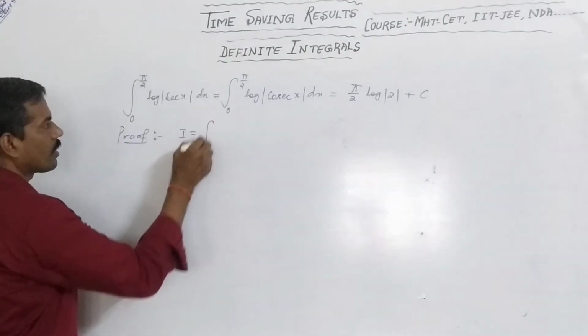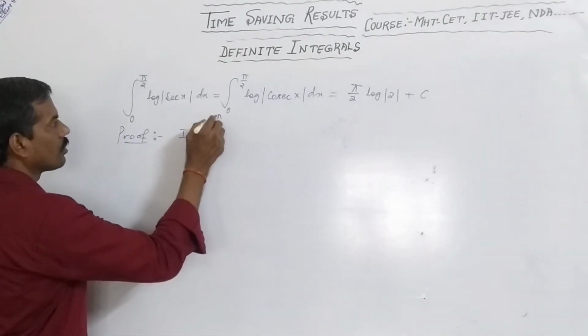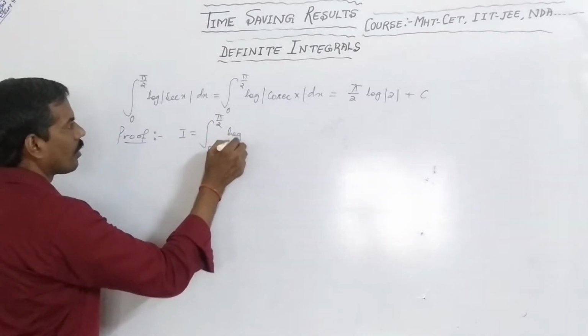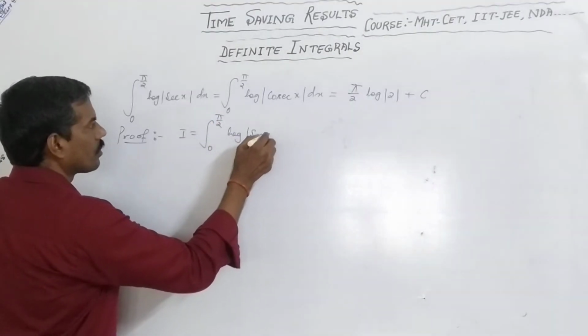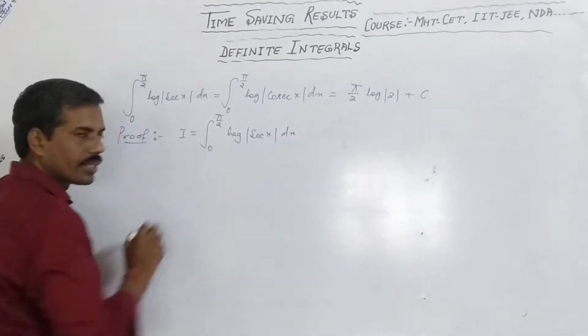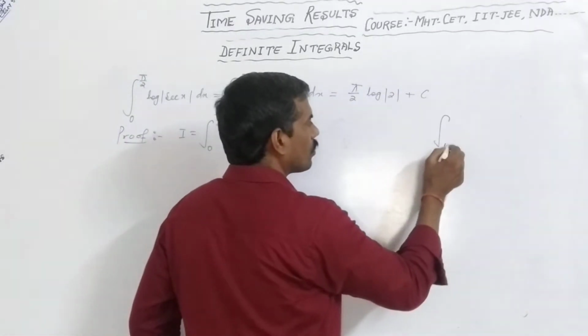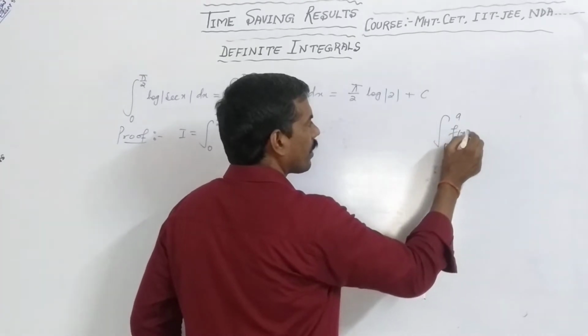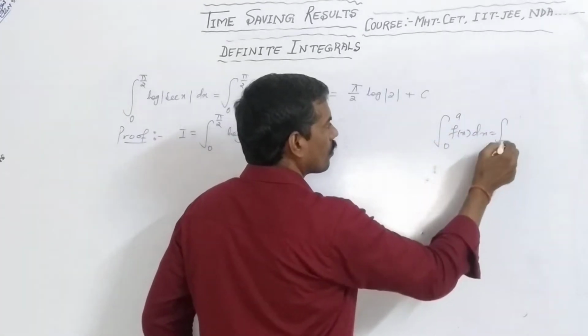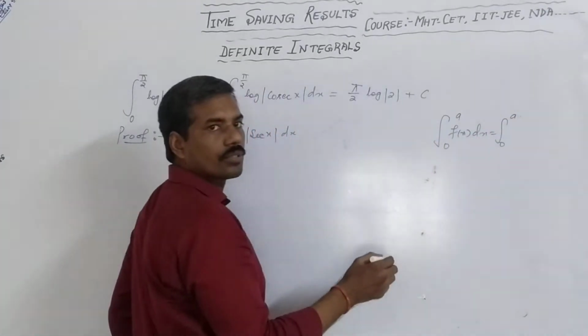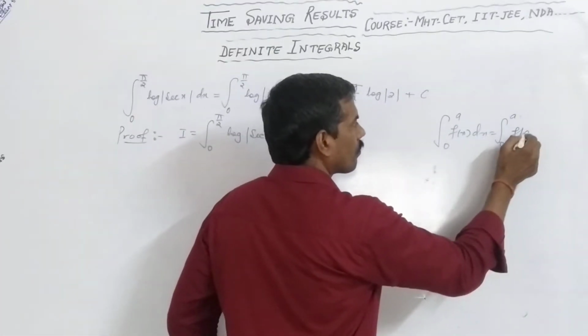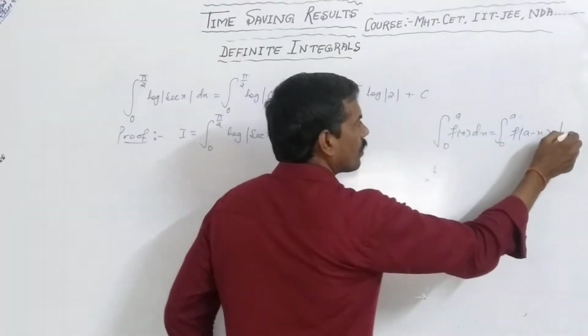Let I be equal to integral from 0 to pi by 2 of log of mod of sec of x dx. Using the property integral from 0 to a of f of x dx is equal to integral from 0 to a of f of a minus x dx.